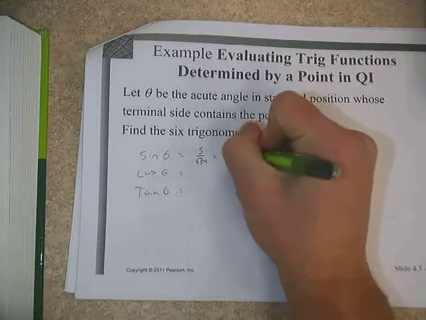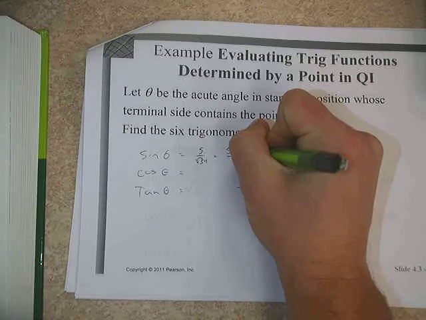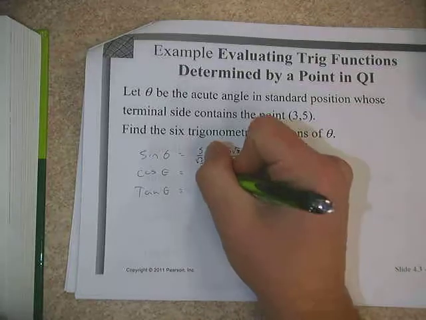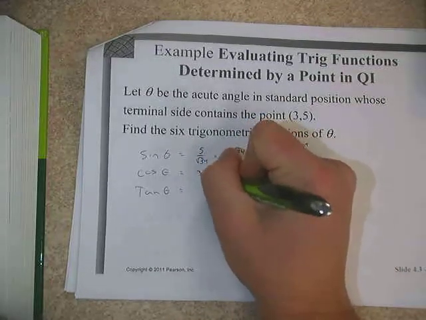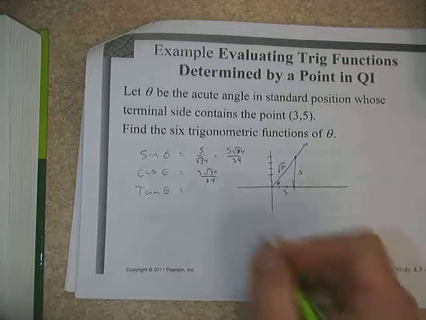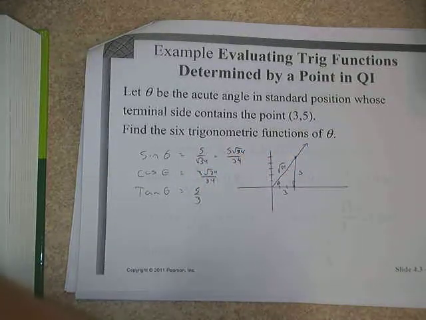So sine would be opposite over hypotenuse, so it would be 5 over radical 34, which of course rationalizes to 5 radical 34 over 34. And the cosine is going to be 3 over radical 34, which again rationalizes to 3 radical 34 over 34.